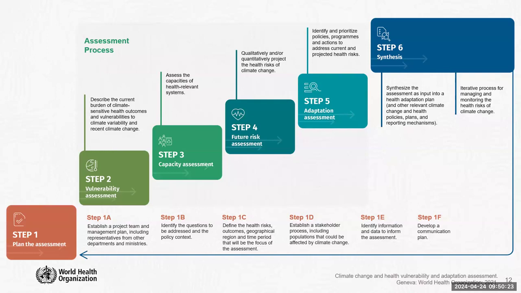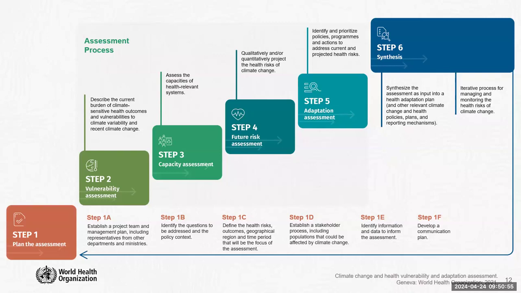Step number 4 is a very important one, and very difficult sometimes, because we want to look at the future of the situation. Where are we now on one hand, but where are we going to be in 5, 10, 20, even 30 years' time? Then once we understand all that, we would do what we call the adaptation assessment. So what are the specific actions we're going to take now that we understand our vulnerabilities in order to adapt?